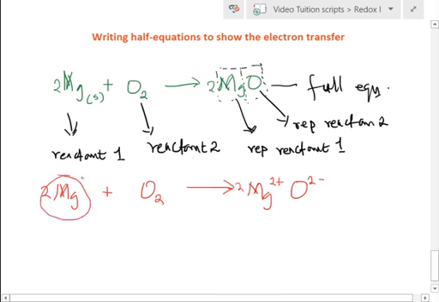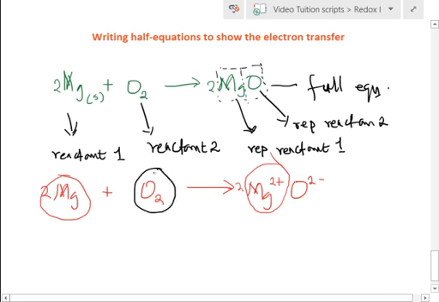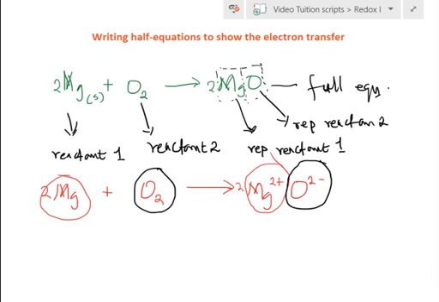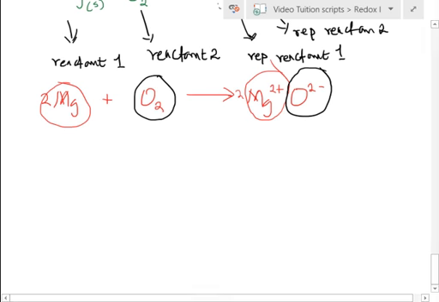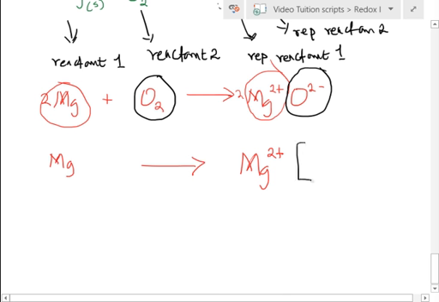We pick them out, and we pick the reactant 2 and its representative out as well. So if I pick reactant 1, it's going to be Mg. I leave out the reactant 2, I put the arrow, then I put the representative of reactant 1 here in the product, Mg2+. Yeah, that is a half equation.